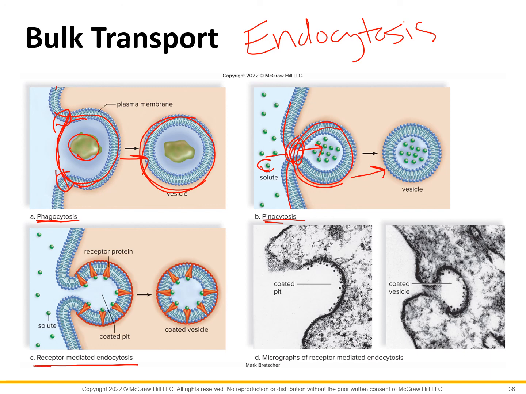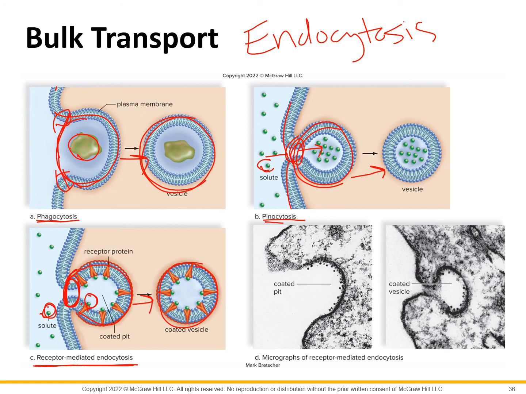The last type is receptor-mediated endocytosis, and this is triggered when a particle, it could be a small particle, could be a large particle, binds to a receptor, and then that triggers the cell to perform endocytosis. So bubbling, bringing in the membrane to form a vesicle, pinching it off here, and now you have a vesicle with that molecule bound to the receptors.